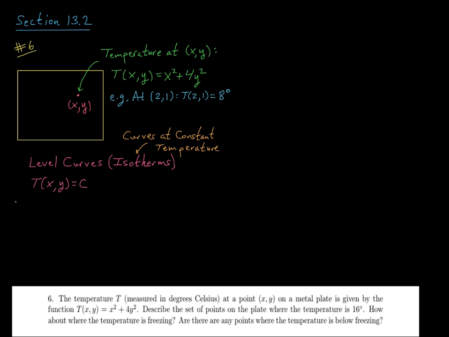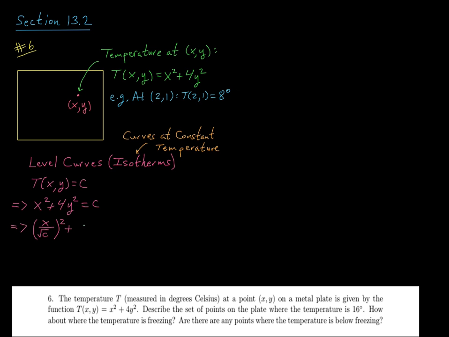Okay, so what does this translate to for this particular function? Well, this is saying that x squared plus 4y squared is equal to c. Now this is not quite the equation of a circle because I have a 4 in front of the y squared, but there's no 4 in front of the x squared. But what I can do is divide through by c, and then put everything under the square.